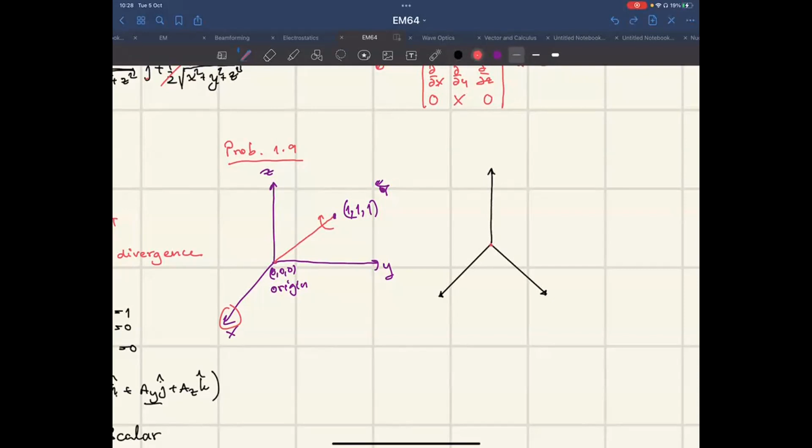Let me use the red color. It is a line from (0, 0, 0), the origin, to (1, 1, 1). You can put your pencil on this point here, and your pencil is the axis of rotation. Any question? Do you understand what I mean, right?